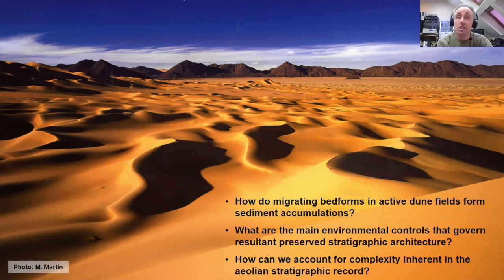And how do these systems interact with competing environments, particularly fluvial environments, for example? And so I'll hopefully introduce this as we go through the talk. And in doing so, I'll try and show some nice examples of all the rock types that we encounter. Aeolian strata, in my opinion, are some of the nicest to actually work on in terms of, they genuinely are beautiful outcrops in many cases.